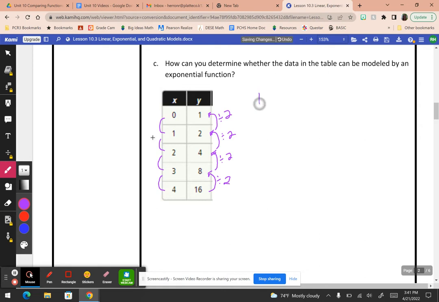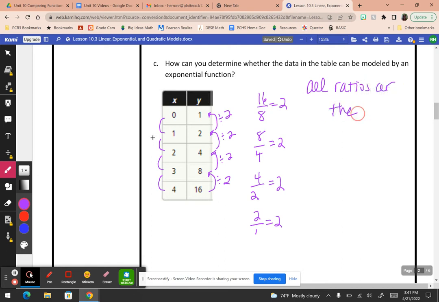You can write them out this way if you want: 16 over 8 equals 2, 8 over 4 equals 2, 4 over 2 equals 2, and 2 over 1 equals 2. So all ratios are the same. That's how you'll know it's exponential.